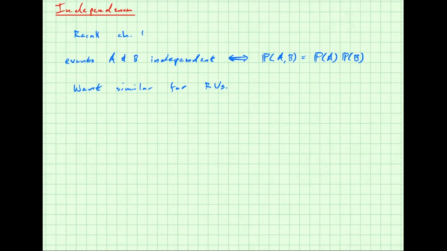But the first thing we're going to do is just define what it means for them to be independent. So we'll make the analog of this thing for random variables.